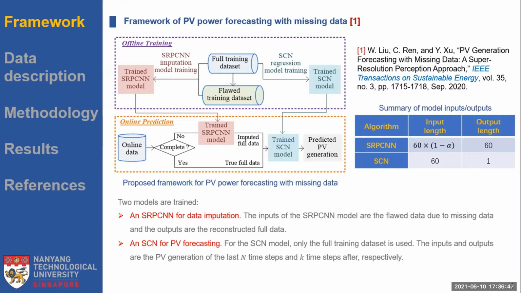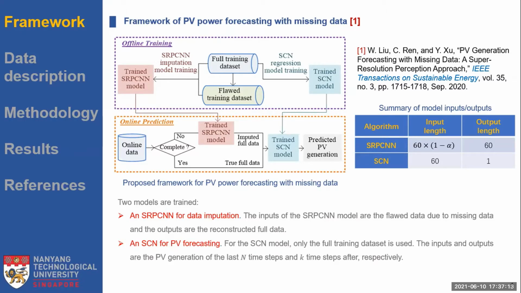One is the SRP-CNN, called the Super Resolution Perception CNN model, which is used for data imputation. And we also train another model named the Stochastic Configuration Network, SCN. This is a randomized neural network used as the regression model for solar power forecasting.